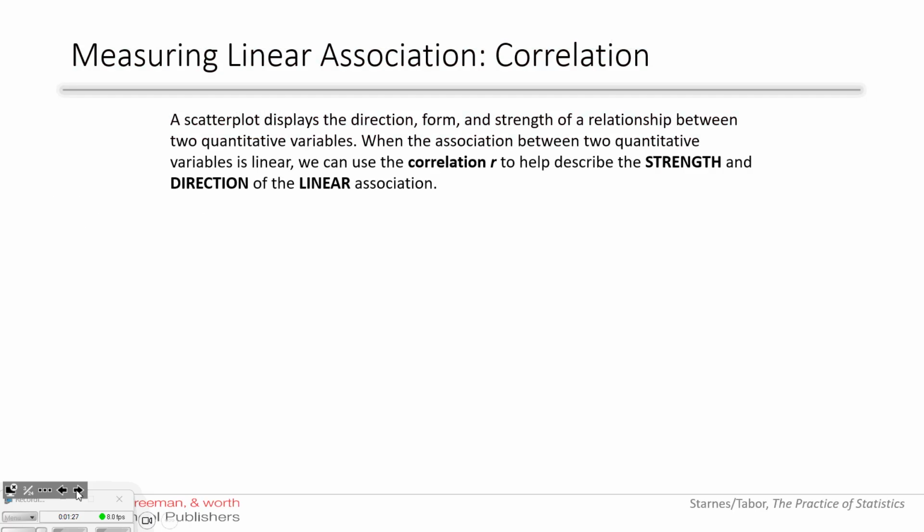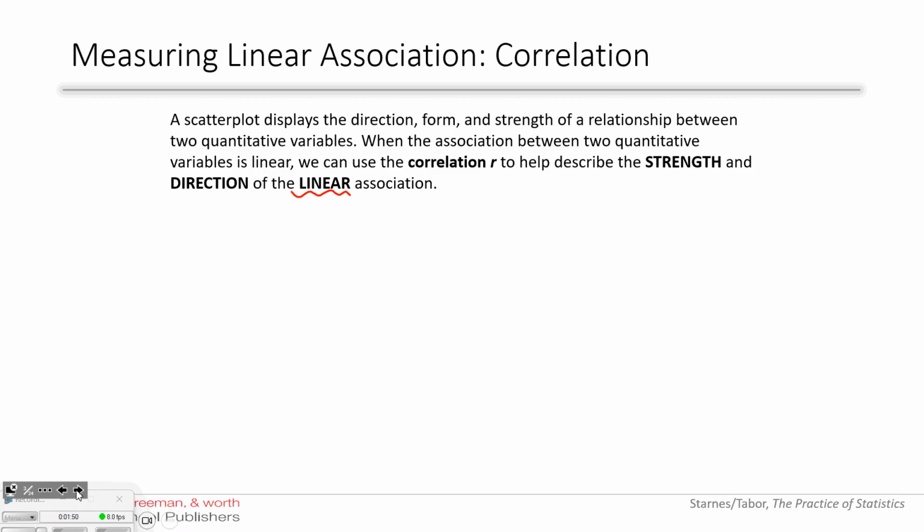All right, let's talk about correlation. Correlation, and specifically our R value that we're going to discuss, talks about the strength and the direction of a linear association. The important part here is that the correlation we're going to discuss is only applicable to linear association. What does that mean?